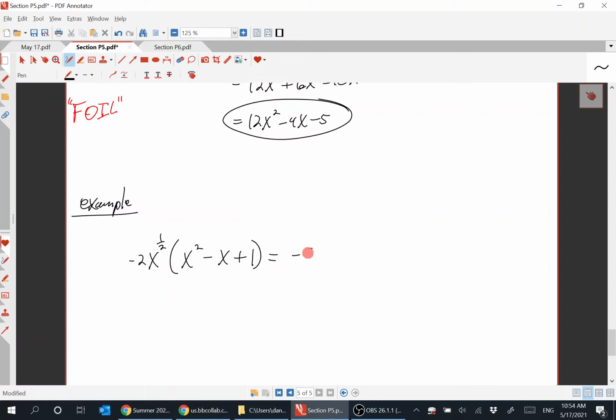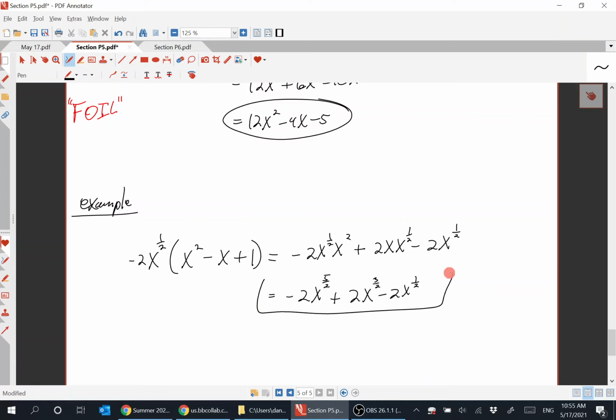So it becomes minus 2x to the 1/2 times x squared plus 2x, x to the 1/2, minus 2x to the 1/2. So adding these exponents, x to the 5/2 plus 2x to the 3/2 minus 2x to the 1/2.